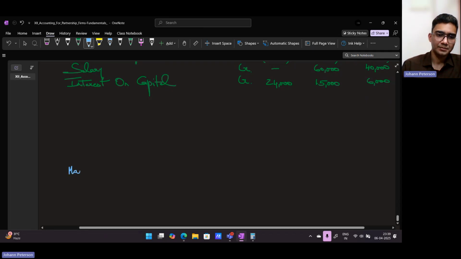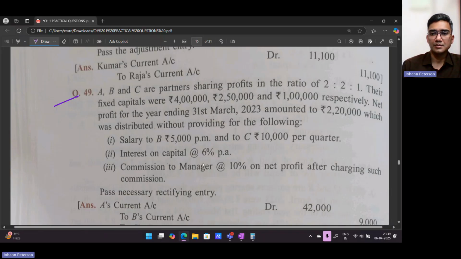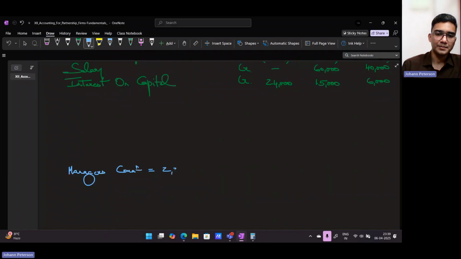Manager's commission is 10% of the net profit, that is on 220 into 10 upon 110, which comes out as 11 2s are 22, right? So 20,000.